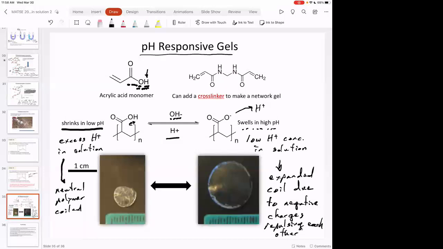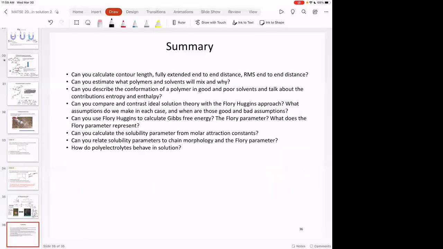And when you have paired ionic systems, either at low pH, or you could have a base responsive polymer if you really wanted to. Amines are base responsive because they can be protonated. And so you just have to figure out which way the interaction is going. But when you have paired ions, the polymer coil shrinks. Questions, comments on that?